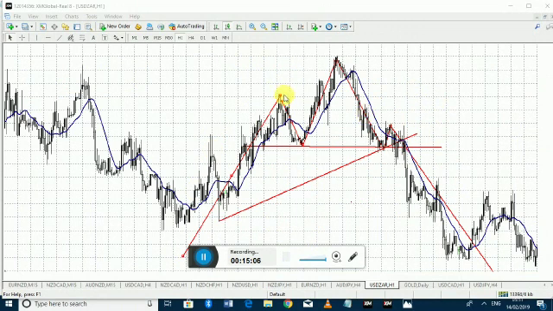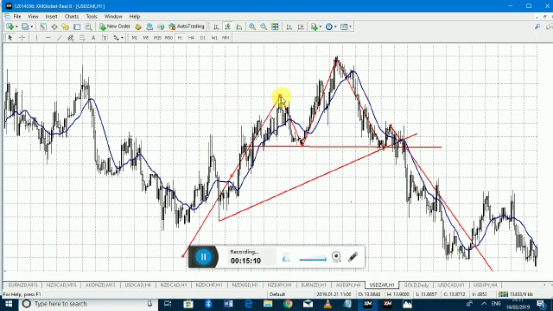So we are just waiting for it to break this trend line plus our moving average plus the support. 3 heavy confirmations. It touched the trend line here, it touched point 2 and point 3, and then our moving average was broken plus the support. So we sell here.